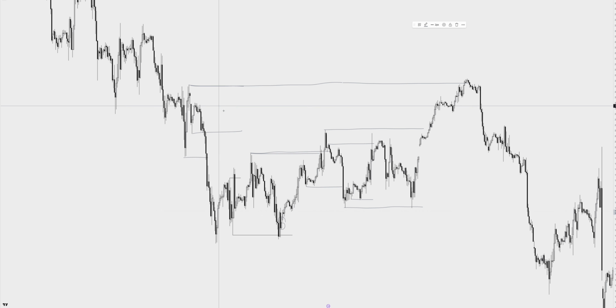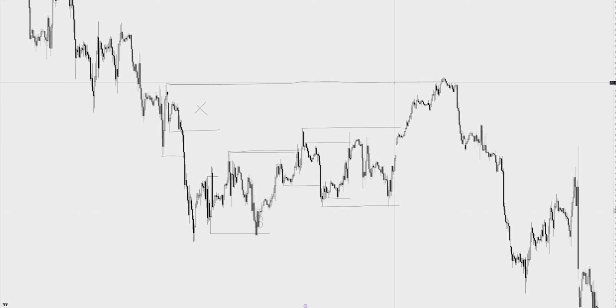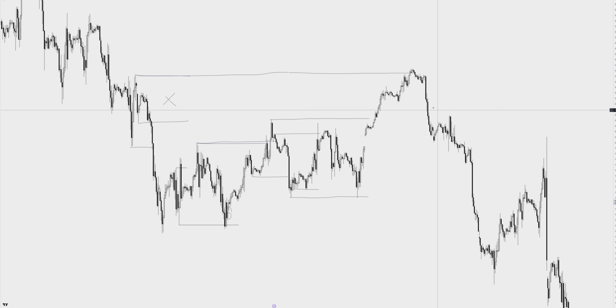Okay. From this whole area. So now once that gets taken out, right, and all those sellers have been taken out of the market, now the market has that move down, right? Grabbing all this liquidity over here.